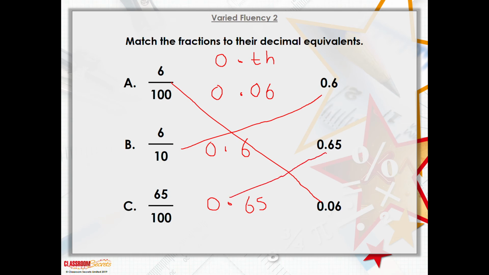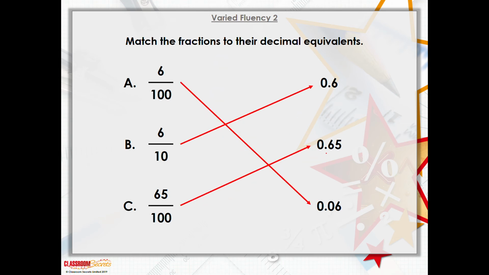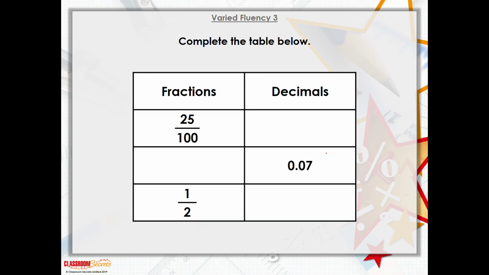Right, let's have a look at our next question. It says here, complete the table below. So we have our fractions just on this left-hand side. We have our decimals on the right-hand side. So first of all, we have 25 hundredths.